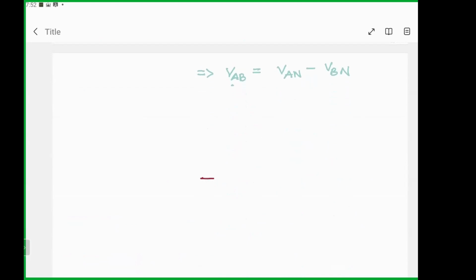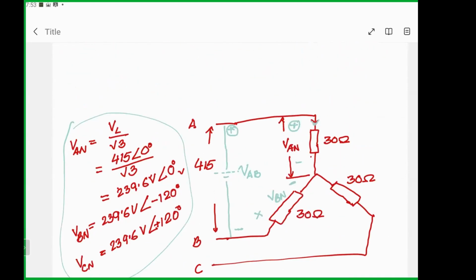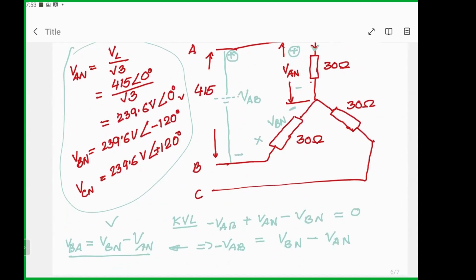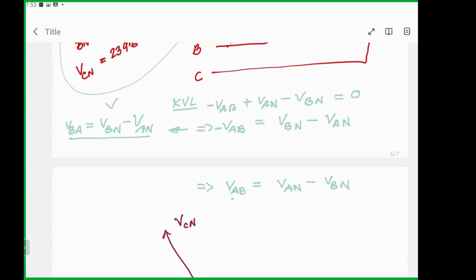So this is 239.6, VAN, and then we have VBN, and then VCN, right? So that's what we have calculated. VAN is at 0 degree, then minus 120 and plus 120.